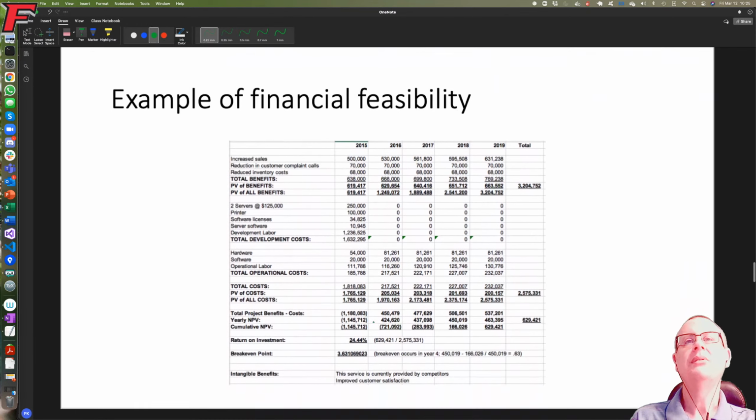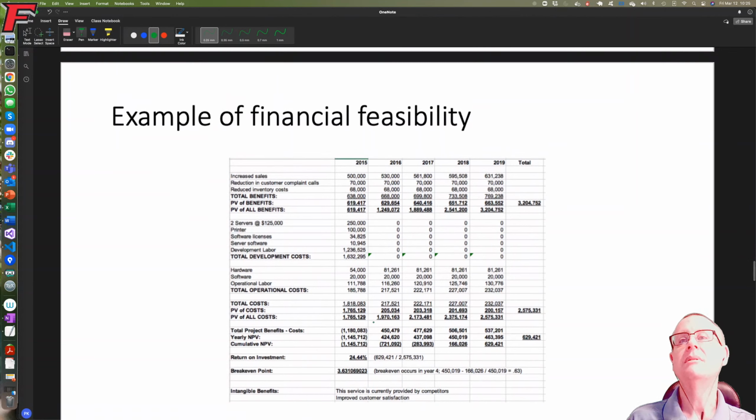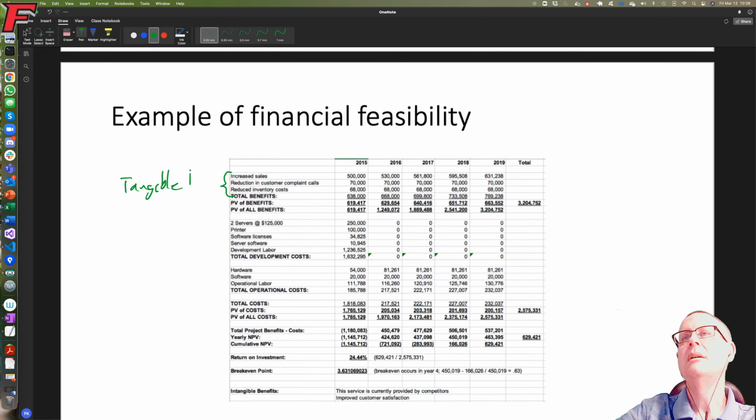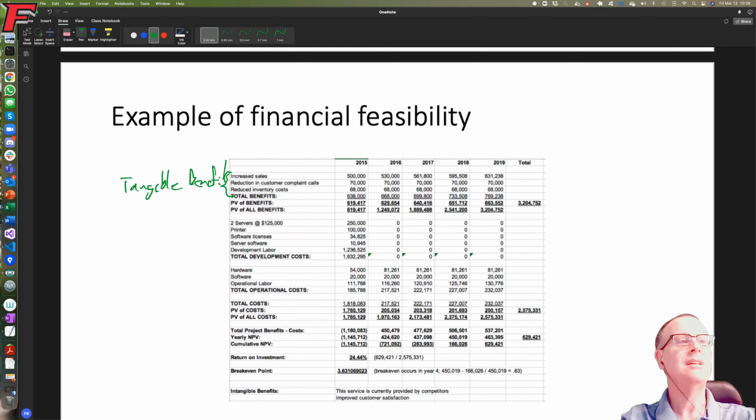And this was, I think I gave this example before, right? And this isn't really that relevant, but it does show you the sorts of things, right? You've got, what are the tangible benefits? And tangible benefits are basically anything that you can quantify in dollars.